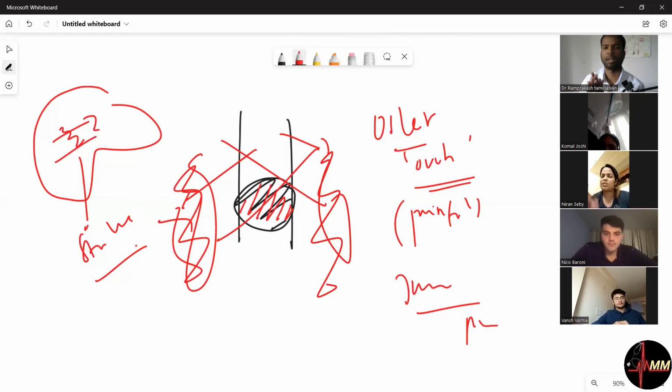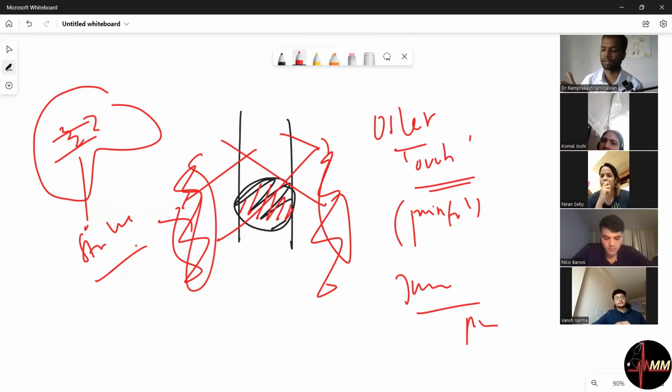Staphylococcus aureus. Then they can ask you, the patient is undergoing some dental procedure, and after 2 to 3 weeks they got all these symptoms. Then that's going to be viridans streptococcus. They can ask you this point.